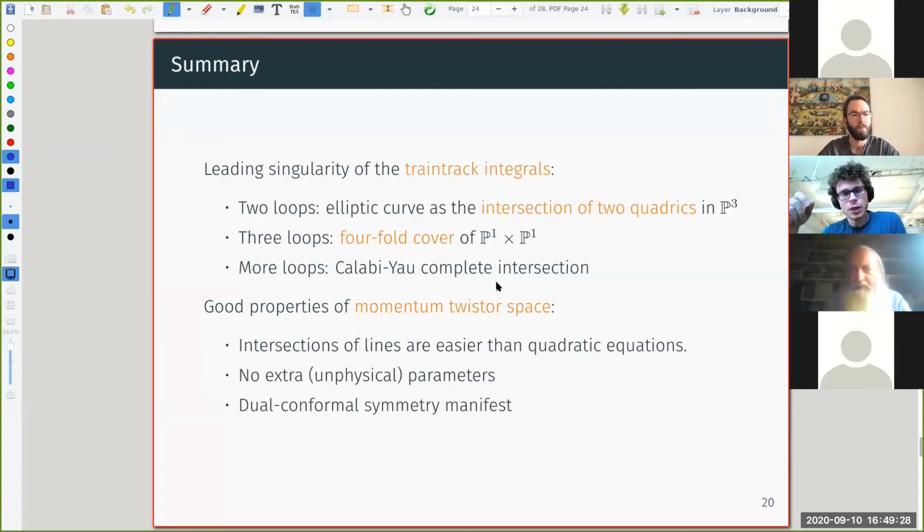Another nice feature is that we don't introduce any unphysical parameters. So we construct this geometry directly in a space that also has relevance in scattering amplitudes in general. And finally, as I said, in relation to amplitudes in N=4, this conformal symmetry becomes manifest.